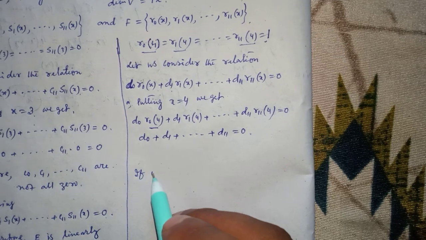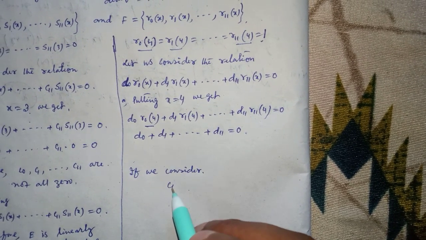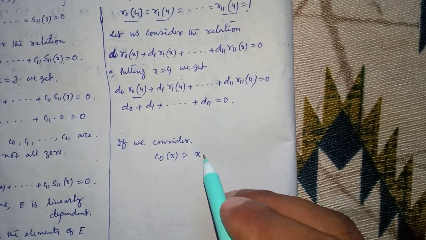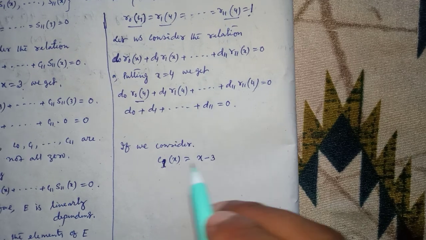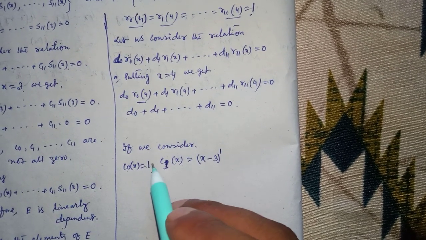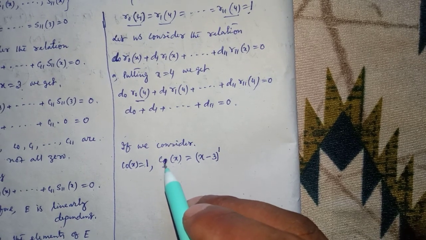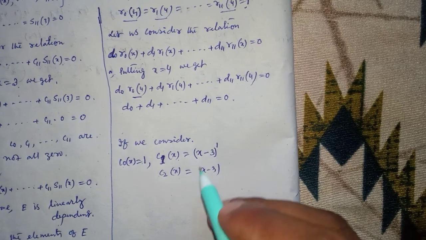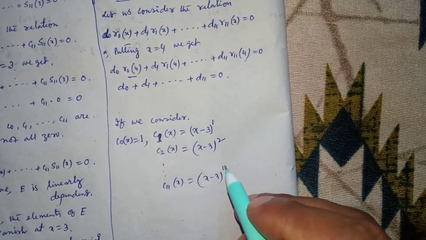If we take c0(x) = 1, c1(x) = x minus 3, then c0(4) = 1 because it is a constant polynomial, and c1(4) = 4 minus 3 = 1. c2(x) is equal to (x minus 3) squared, and so on up to c11(x) equal to (x minus 3) to the power 11.